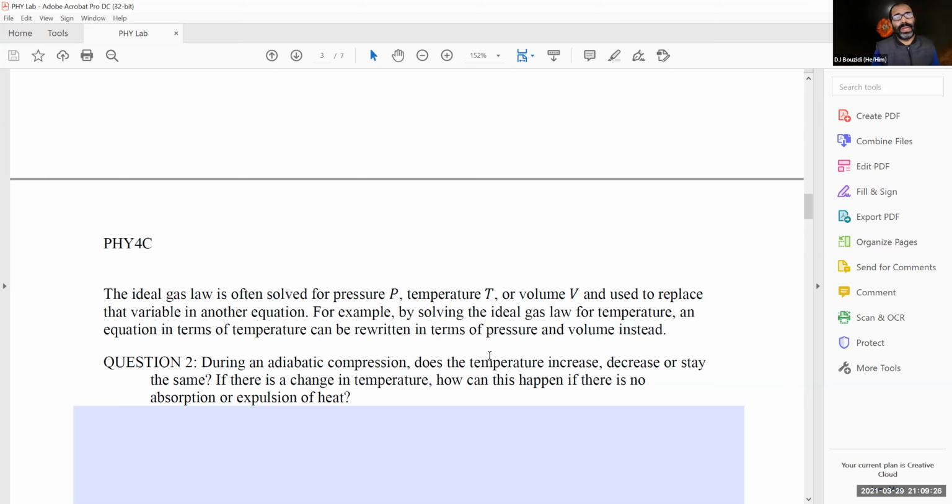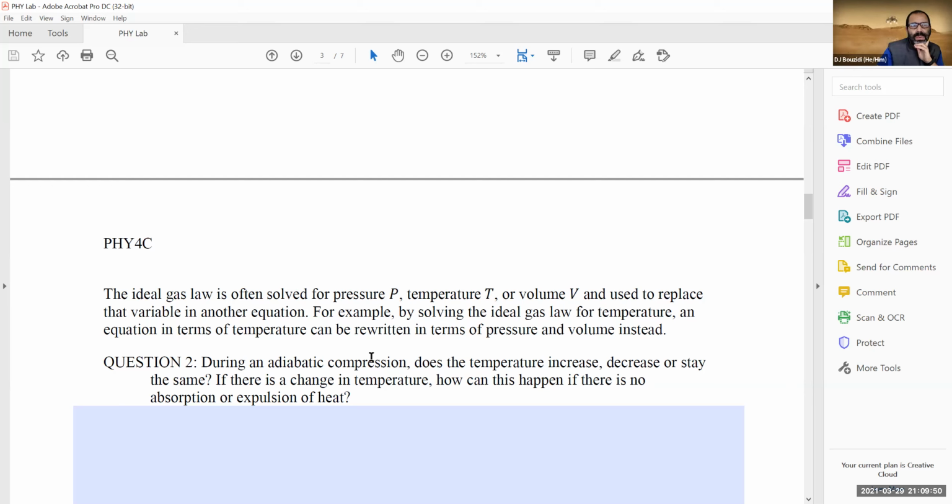So the point being here is, this is an adiabatic process, and it's similar to the calculations with that. The fact that the temperature doesn't change in an isothermal process does not necessarily mean there is no heat exchange. Here, the fact that there is an adiabatic process does not mean that the temperature is constant. There is no exchange of heat, true. But in this case, the pressure is changing, the volume is changing, and the temperature is changing. Everything is changing.